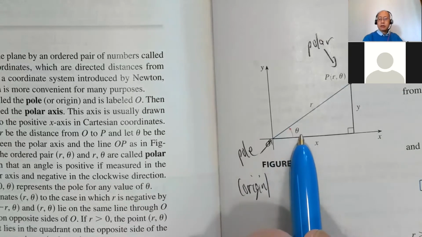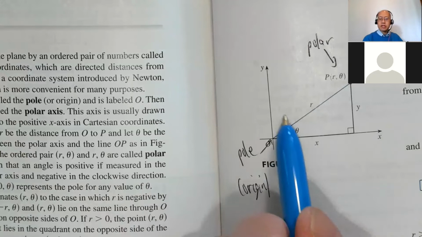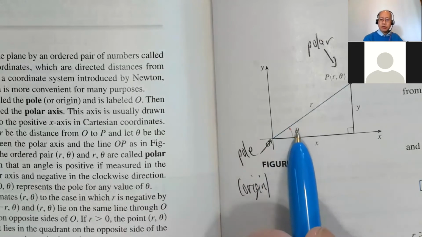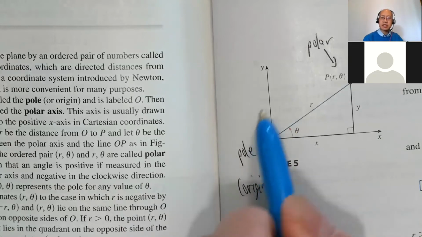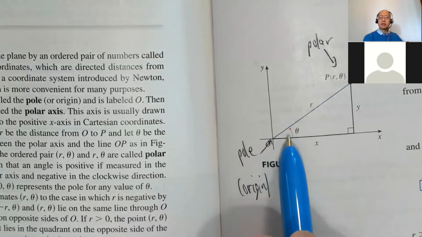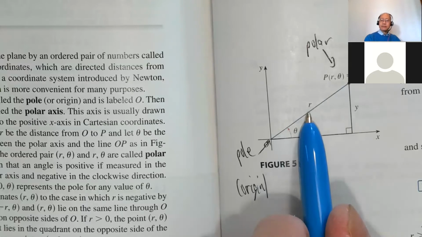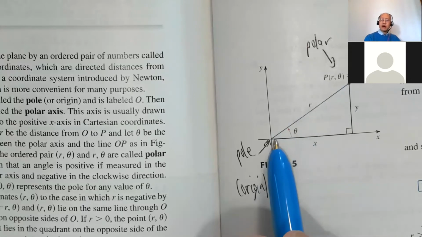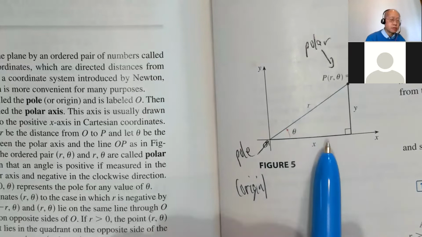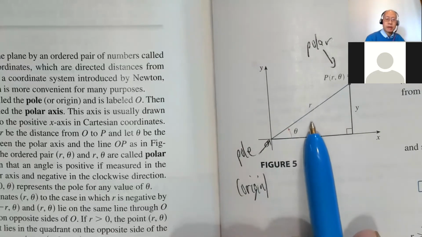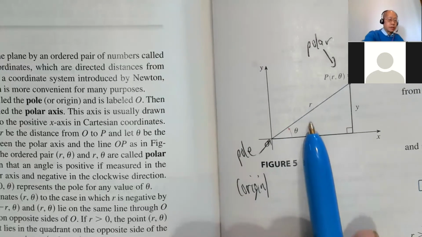I could go 37 degrees, or 37 plus 360, or 37 plus 360 plus another 360, or 37 minus 360 and minus another 360, and so on. And furthermore, we're even going to allow r to be negative. So with negative r's, we're actually going to walk backwards. We'll talk about that a little bit shortly.